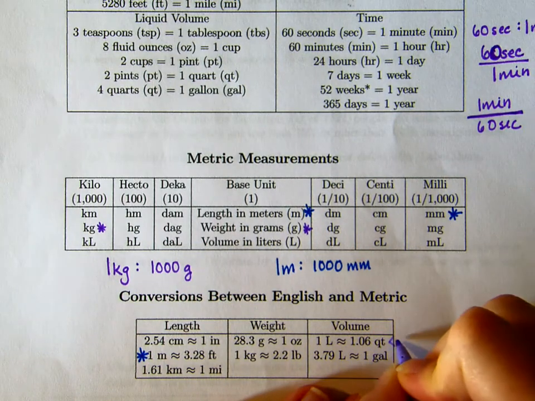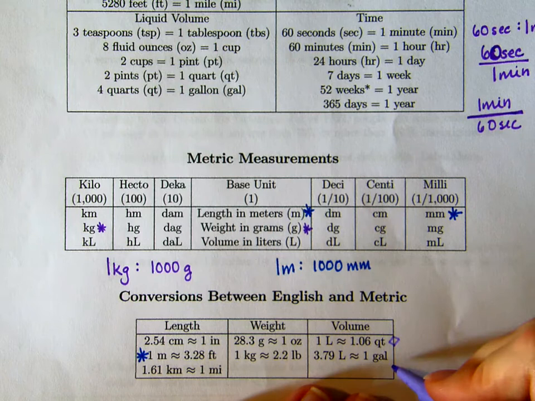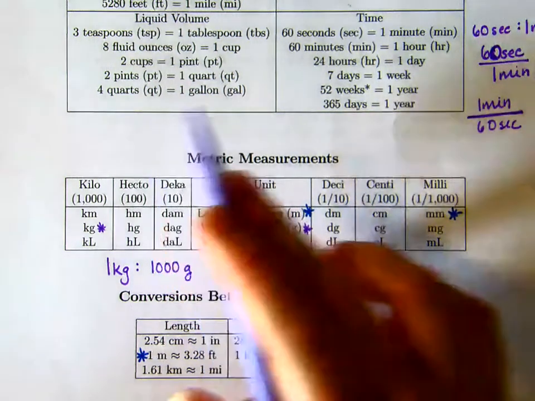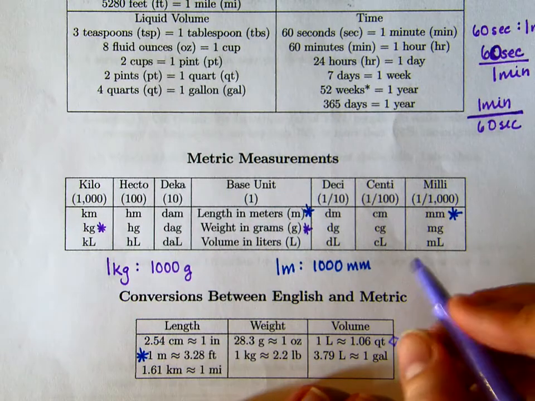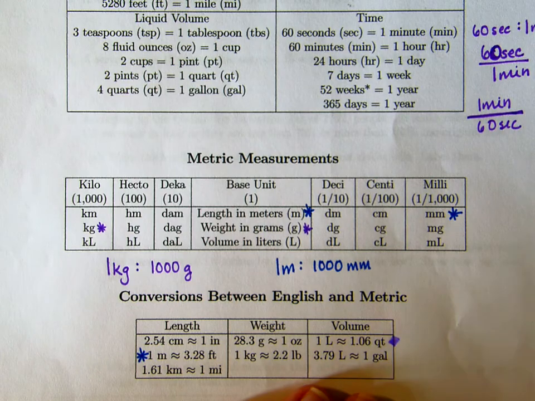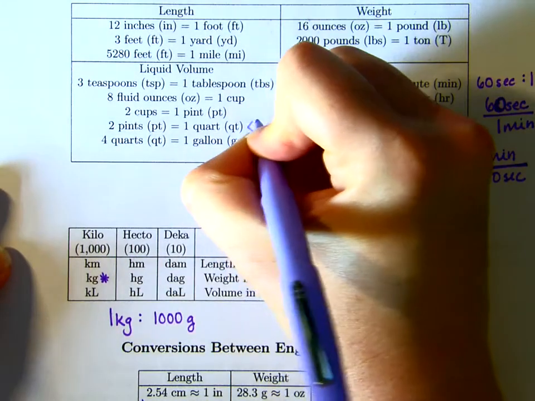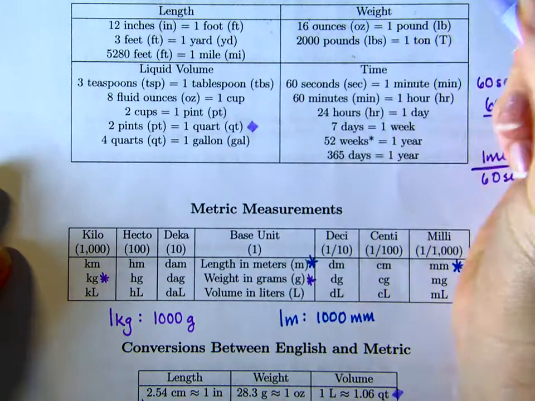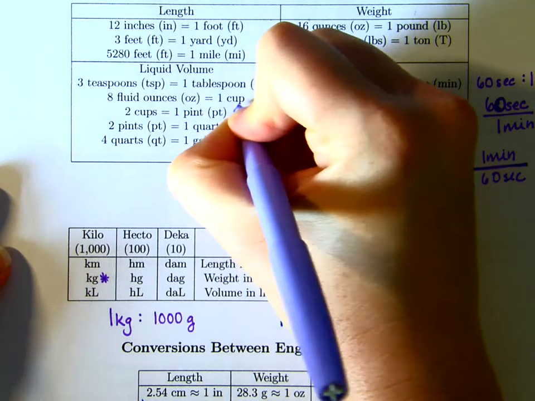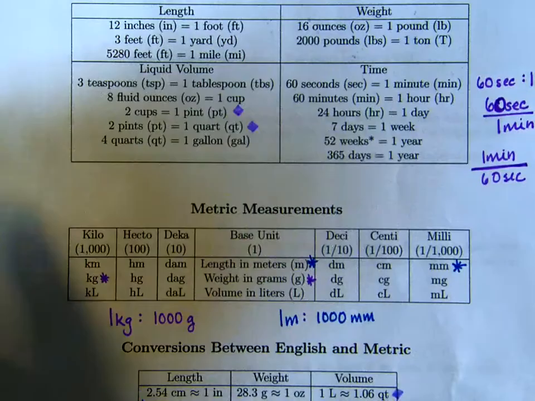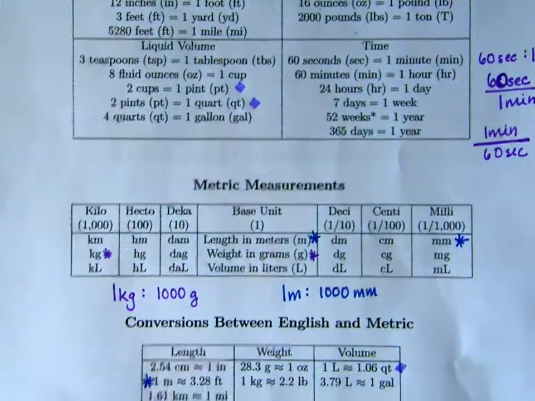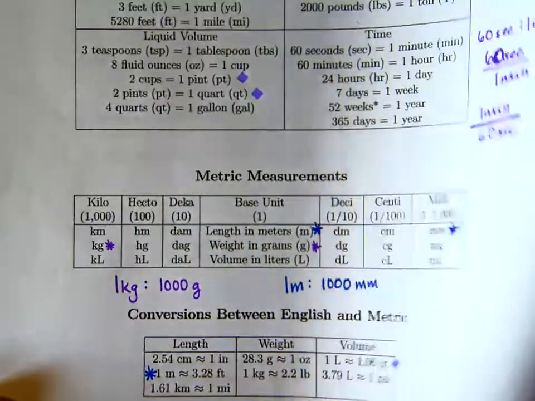Why not? Liters into quarts, or by the way, liters into gallons, but that's one more step though. So liters into quarts, and then quarts into pints, and then pints into cups. Okay, I see 3. We're going to need 3 unit conversion factors.